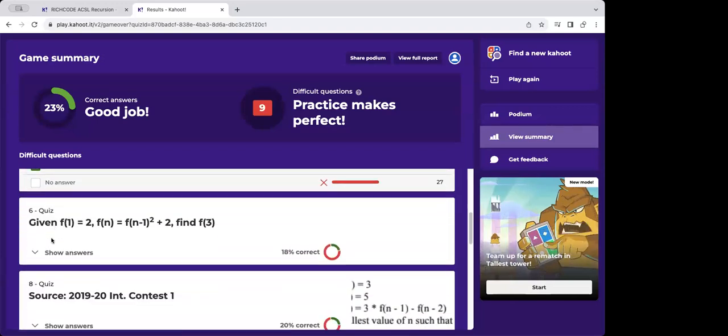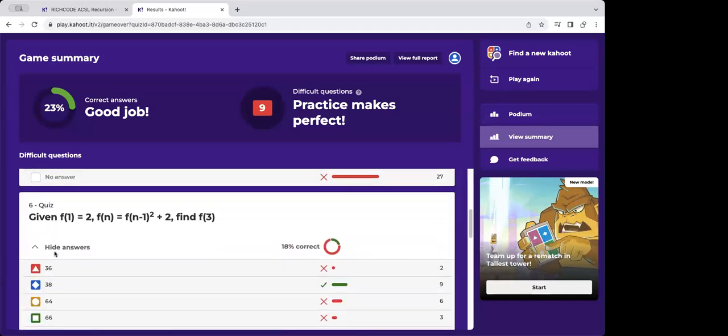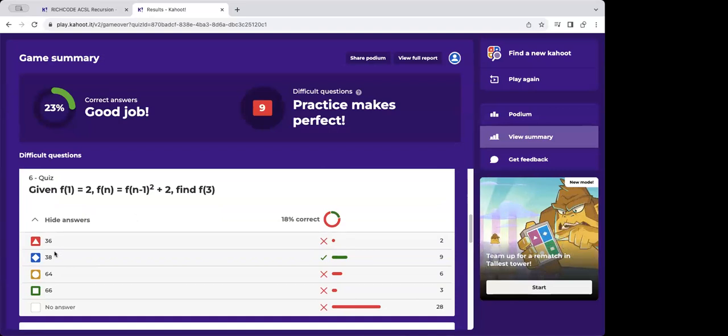Okay, and then for question 6, we are looking for f(3) given f(1) equals 2 and f(n) equals f(n-1) squared plus 2. So using this formula, we know f(2) equals f(2-1), which is just f(1), squared plus 2. And f(1) is the base case, which is given, which is 2.